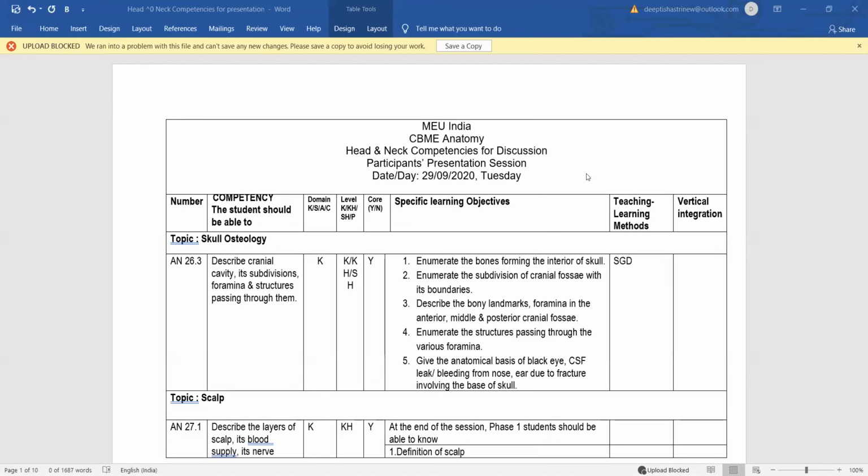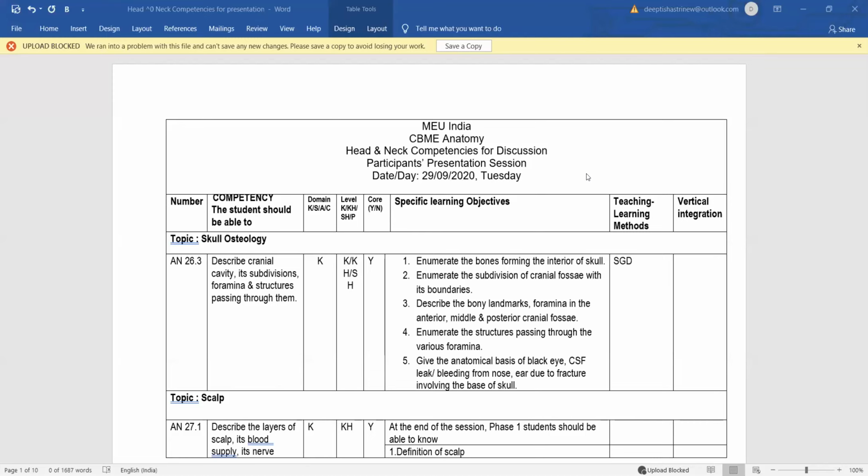Okay, Dr. Prerna, would you like to share your views? Yes, ma'am, can you hear me? I just want to clarify: is this level of the competency, K, KH and SH, written in the MCI document? Yes, it is.